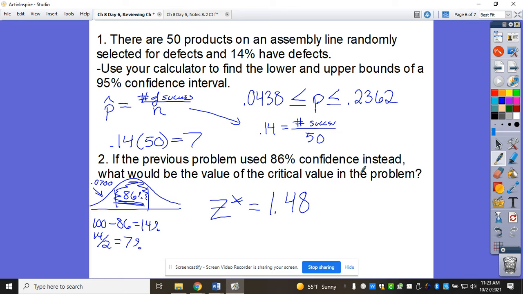So you look at the yellow in the middle for the closest thing to 0.0700.